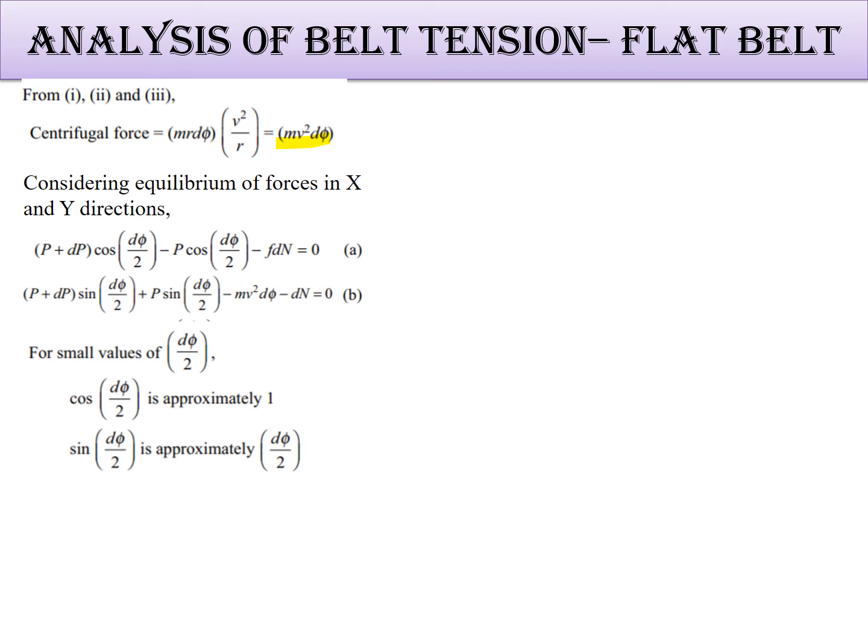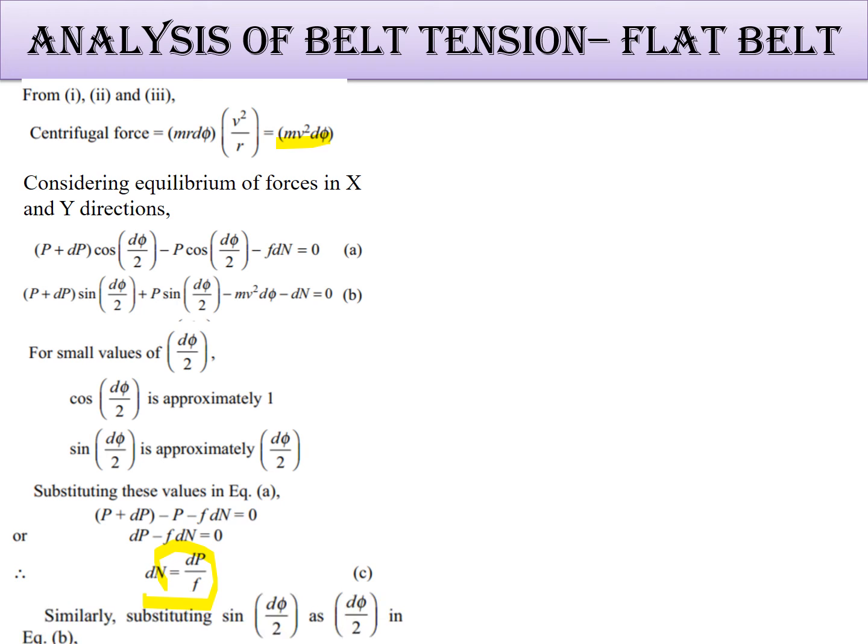Now for small values of d phi, cos of d phi by 2 is approximately 1 and sine of d phi by 2 is approximately d phi by 2. So let's put this value in equation A. So we get p plus dp minus p minus f dn equal to 0, or we can say that dn is equal to dp by f. We can term this as C.